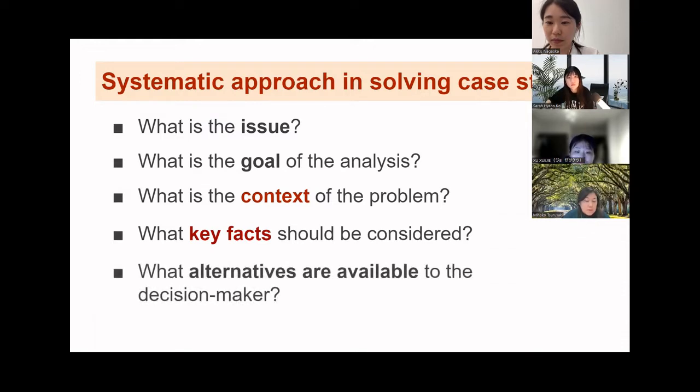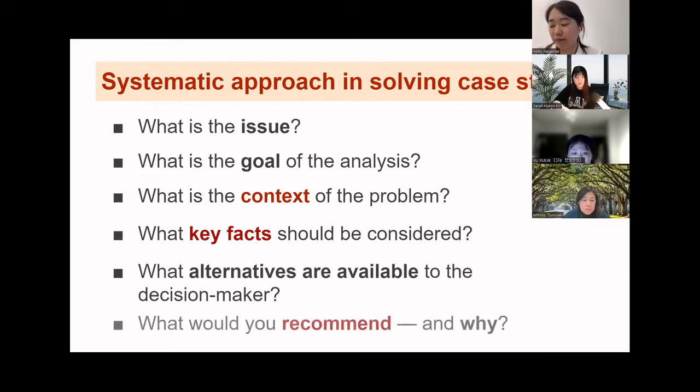And you must create alternatives. What are the alternatives available? Can we brainstorm the alternatives? And finally, recommend. Don't only recommend, you need to say why you recommend. There must be justification.